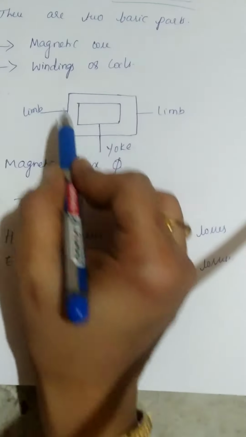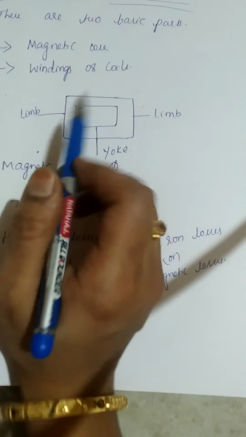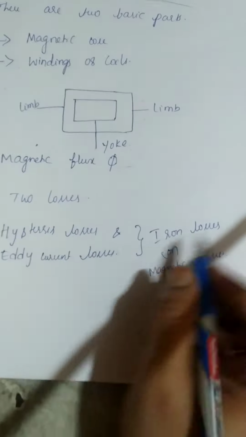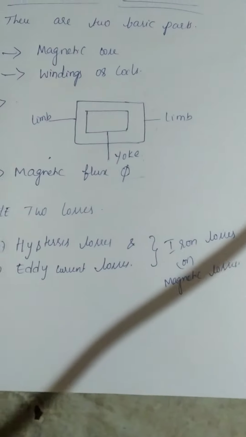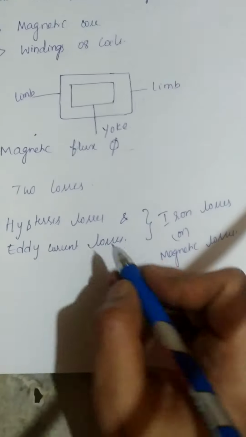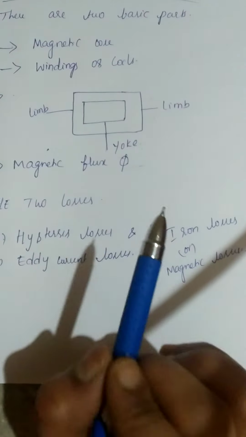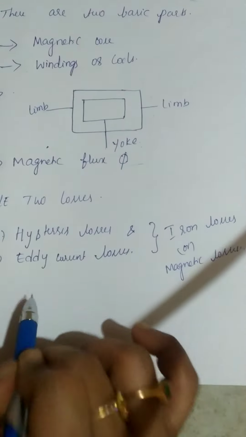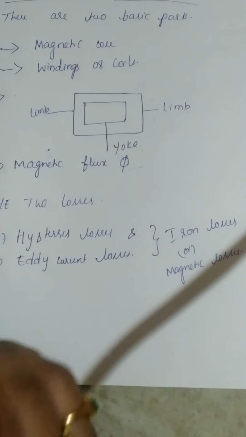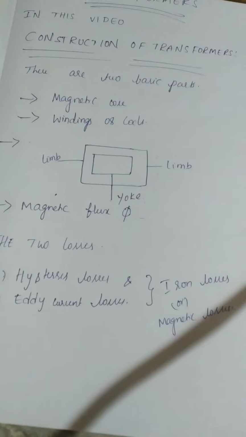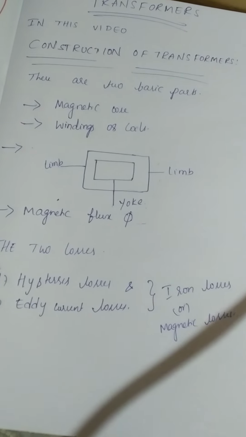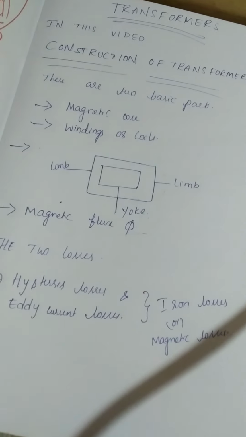So now we need to construct a core in such a way that both losses are very less. If losses are more, it is a little bit useless. If losses are less, the material is a very good material. Our concept is that we have to decrease these losses as much as possible.